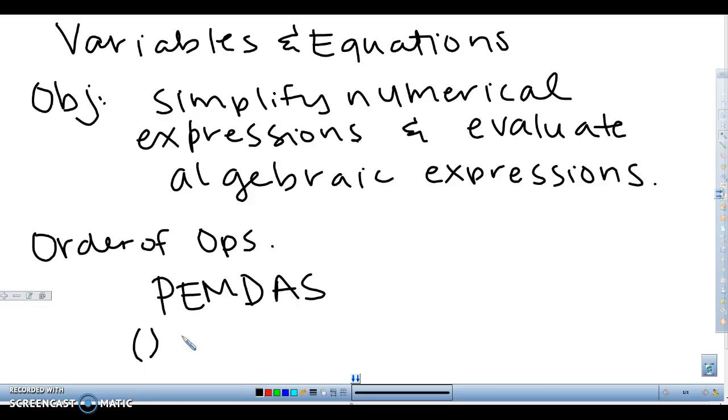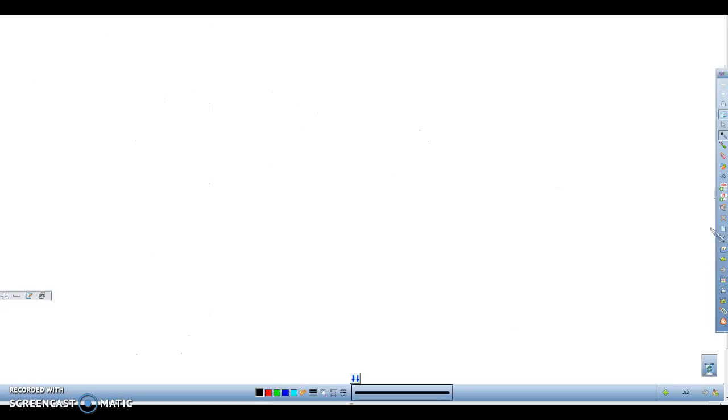And that is parentheses, exponents, multiplication, division, addition, and subtraction in that order. Especially in the case of multiplication and division, you don't necessarily have to do multiplication before division. You do them in order from left to right. Okay? That should be fairly familiar, so we'll just do a couple examples.